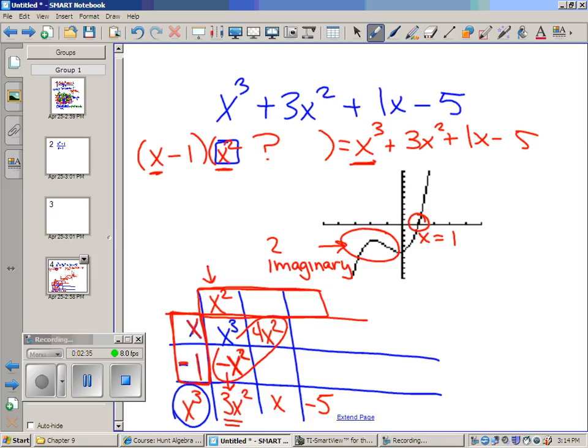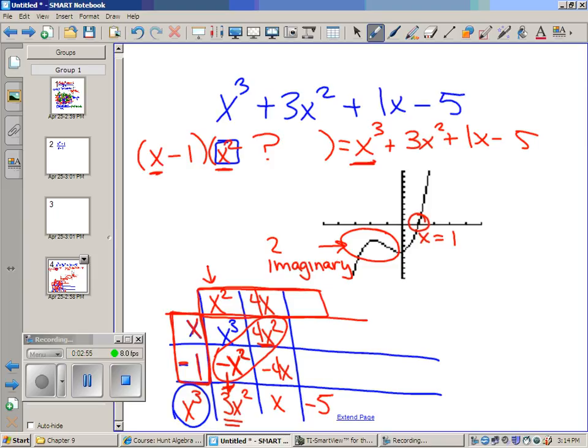So to add these two together, like terms, to get that. But in order to have a 4x squared up here, I'm going to have to multiply x by 4x, because 4x times x is 4x squared. And now I'm going to multiply that by negative 1 and get negative 4x.